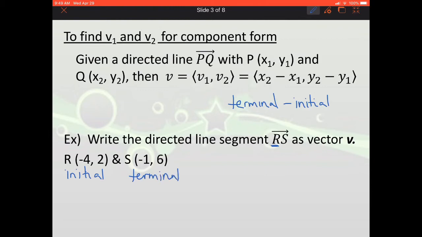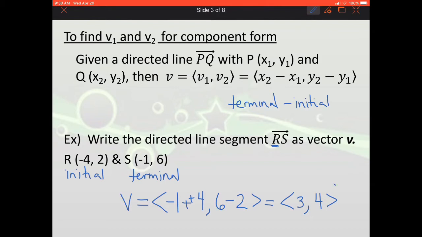To write this vector in component form, I'm going to do terminal minus initial, so the x's and the y's. Terminal x minus initial x, terminal y minus initial y. So -1 minus -4, so -1 plus 4. So I have ⟨3, 4⟩ as vector v written in component form.